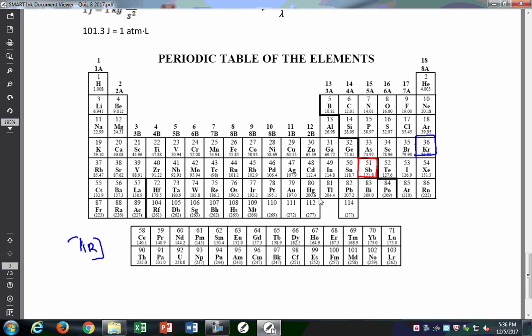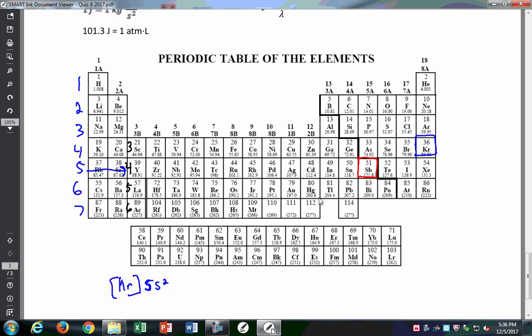And we just put that in our brackets. Then, after krypton, we go to our 5s, and they're going to be full, so 5s2. And then, remember, this is n minus 1, so this is 3, 4, 5, and 6.